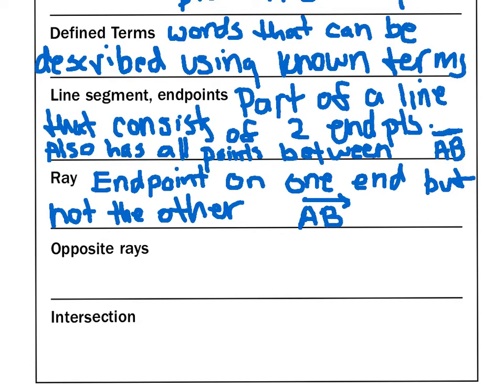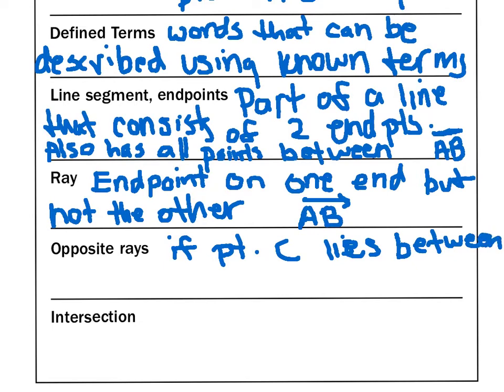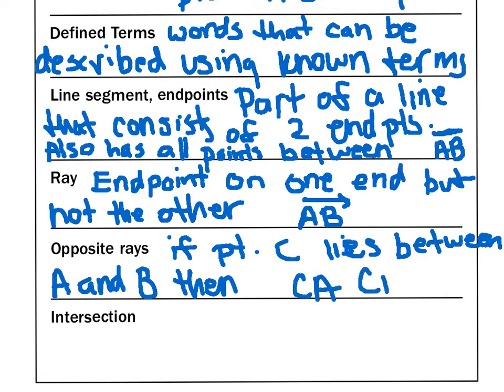Opposite rays. If point C lies between A and B, then CA and CB are opposite rays.